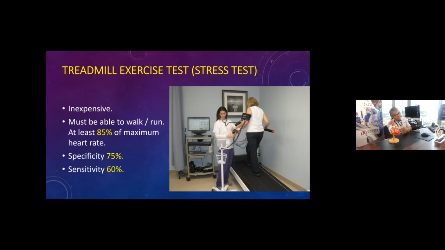It's about 60 to 80% accurate. Okay, it's not 100% accurate. That means even people who have a normal treadmill test can still have heart disease, but it's unlikely. So most people will have had experience doing a stress test because a lot of doctors will offer it, a lot of centers will offer it, and we offer it as well.